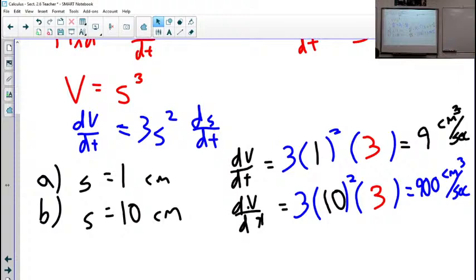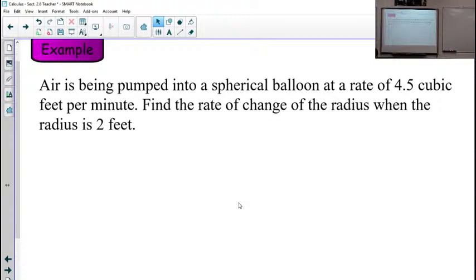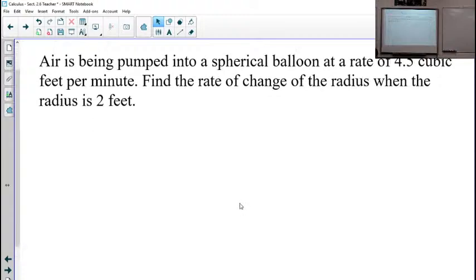Let's look at our next one here. And I want to give you a minute here on this one to do your first step. So in other words, I want you to write down the given quantities and the quantities to be determined.